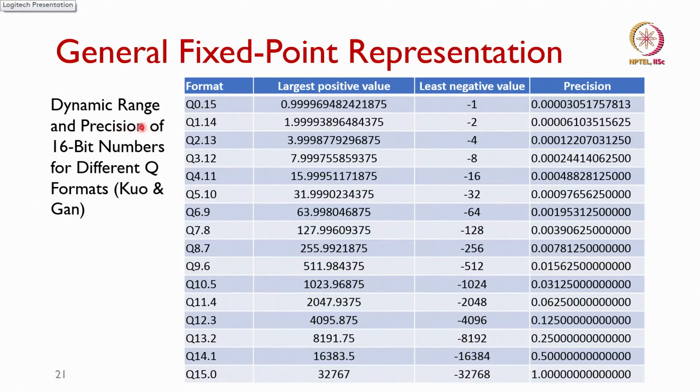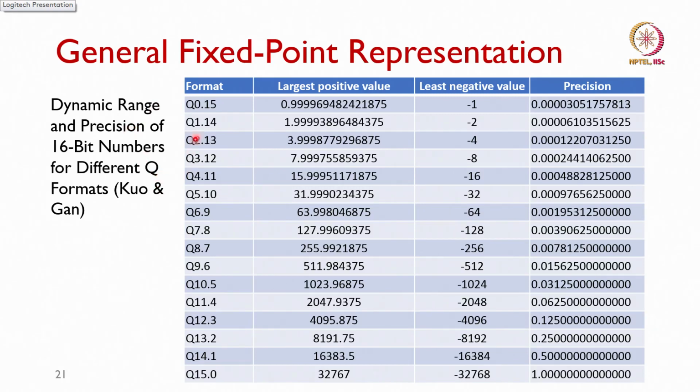So, coming to the general fixed point representation, we will see the dynamic range and precision of 16-bit numbers for different Q formats. This is also taken from Ko and Gan. So, you will see the first one. As we said, the Q representation tells me how many bits are fractional bits, represented to the right.